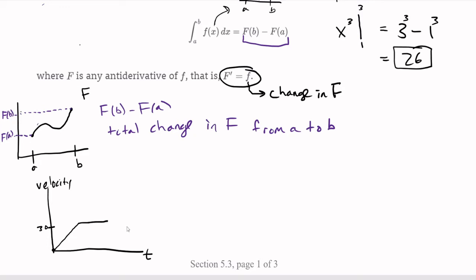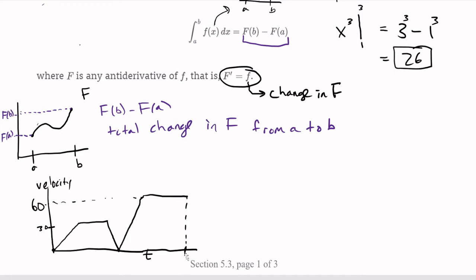Then we come to a light, and we stop here. Again, back at 0. Then we make a turn, and we get on the highway, and we're going 60 now for a while. And then we'll stop here.